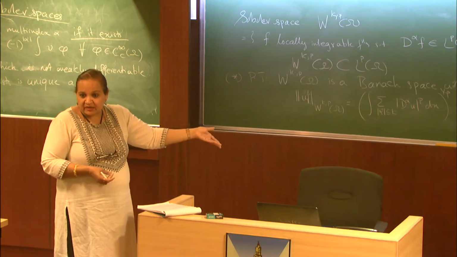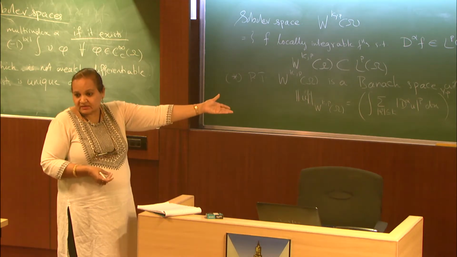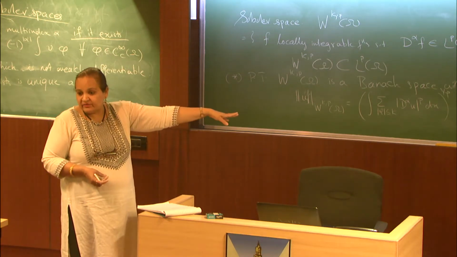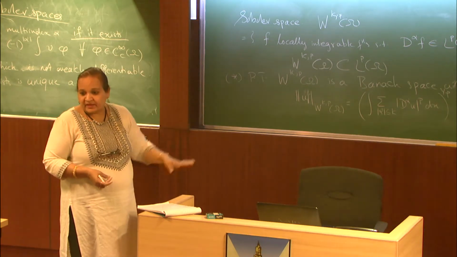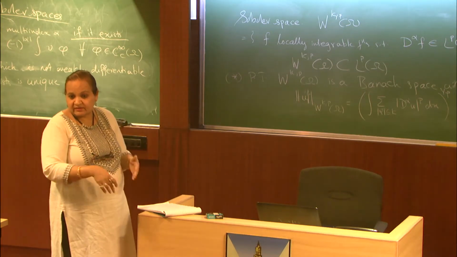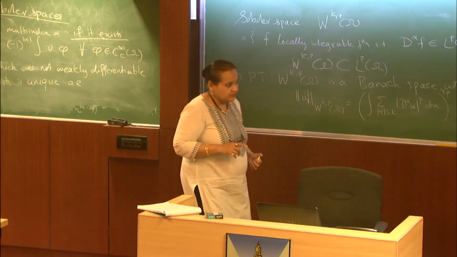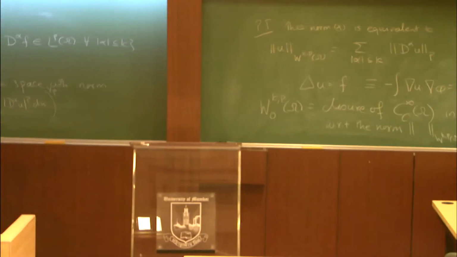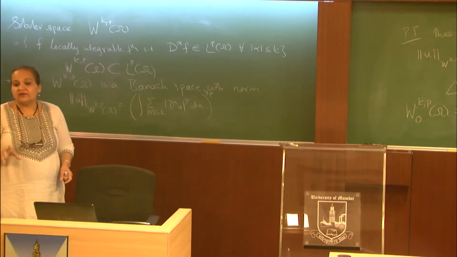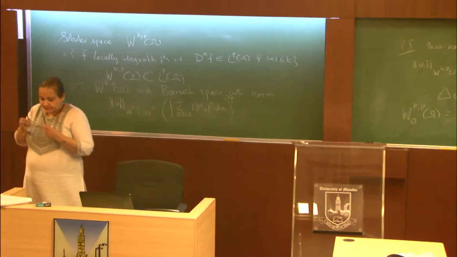That's what we have been doing, because Hölder's inequality will immediately say that if I assume u is in L2 and the gradient of u is in L2, then I'm able to do this. So we define this particular space and look for the solution of the Dirichlet problem in this one.